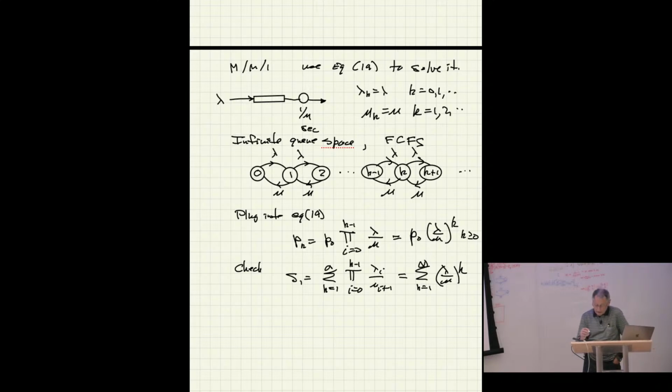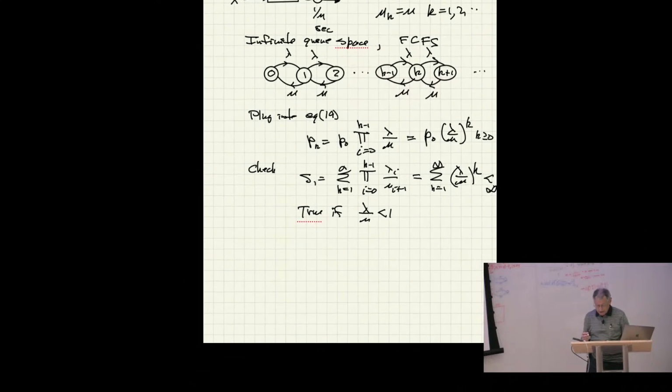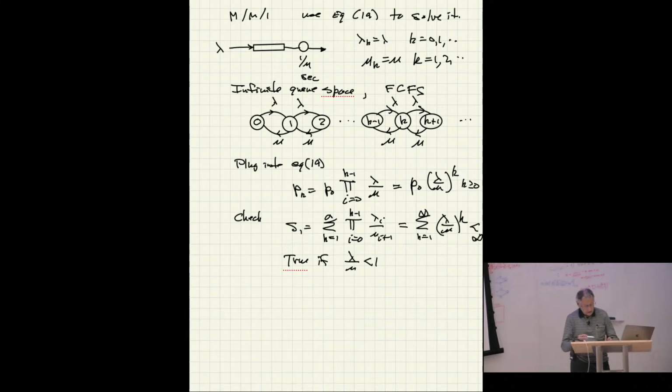And as long as lambda is less than mu, this will be less than 1, certainly less than infinity, which is the requirement. So I'm saying this is true if lambda over mu is less than 1. And we're going to hypothesize that's the case. Physically, it makes sense. The rate at which people are coming in is slower than they can be kicked out. If that was not the case, you'd get growth and you would not have an equilibrium.